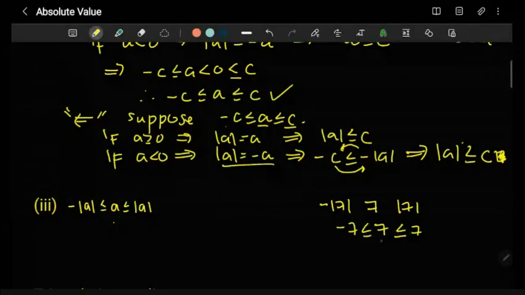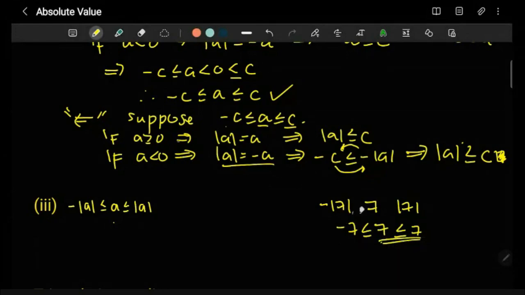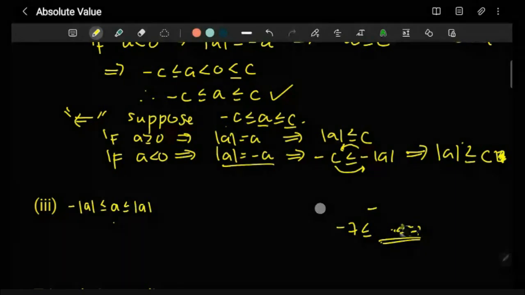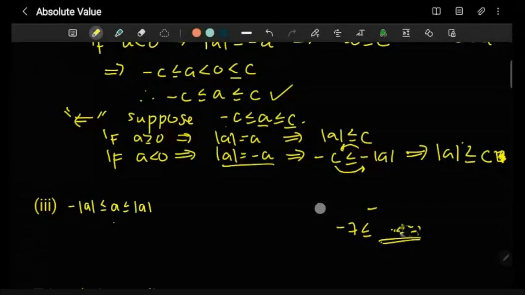Actually, we have equality on the right. Okay? What if A is negative 7? The absolute value of negative 7 is 7, and the negative absolute value of negative 7 is negative 7. So negative 7 is indeed in between negative 7 and 7. Okay? So that's what the inequality means.